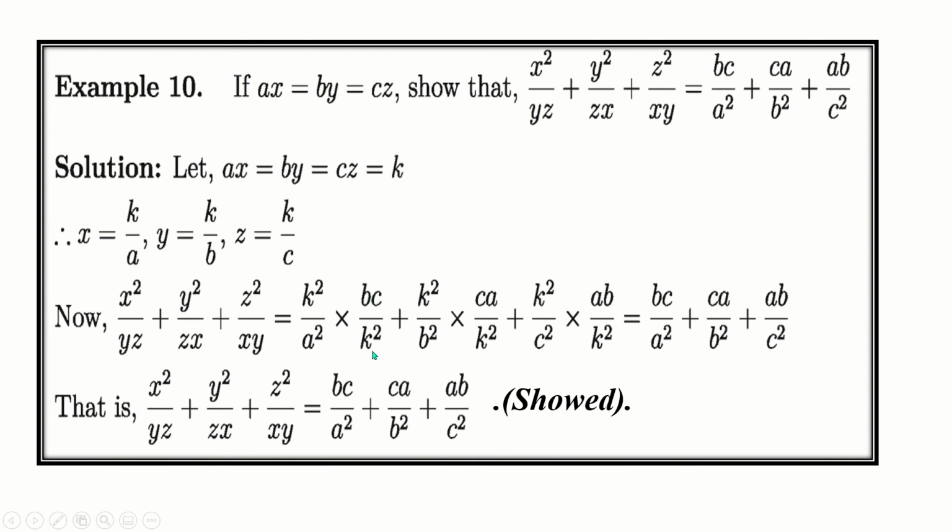That's bc by k square. Similarly the other parts. Now k square cancels, so here will be bc by a square plus ca by b square plus ab by c square. Now that means this equal to this. Proof is complete.